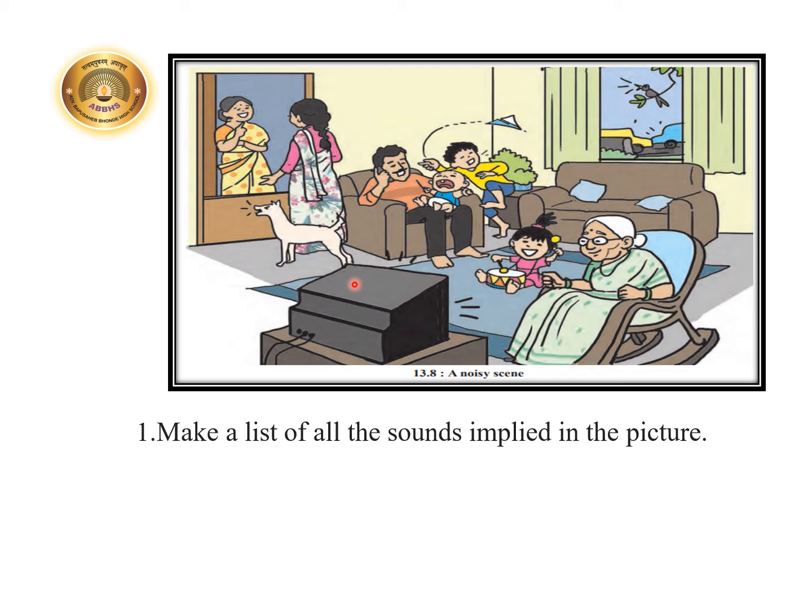After observing this picture, we will come to know that two ladies are talking to each other in loud voices. A dog is barking. A man is speaking on a mobile phone. Then a baby is crying. This boy is playing. The girl is playing on the drum. An old lady is watching TV.